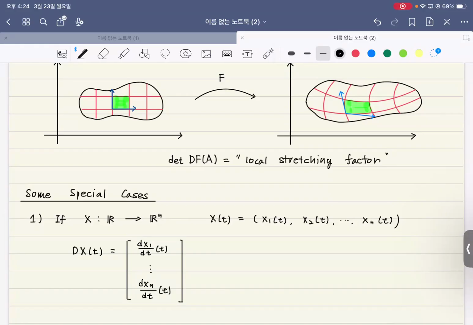Why? Because in this case, such a function can be considered as a parametrization of a curve. The image of this function is a curve, and the function is a parametrization of the given curve. So this function has the information of how you travel on this curve, and this matrix derivative turns out to be the velocity at the point.